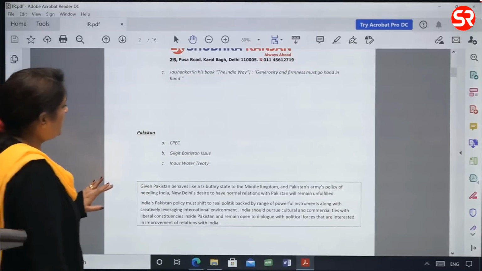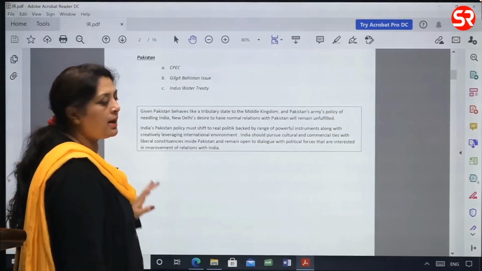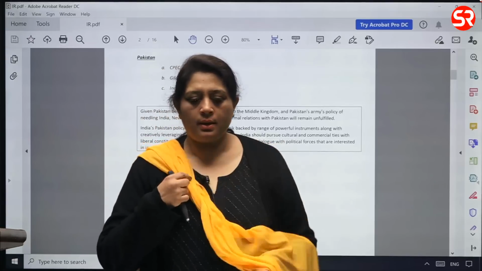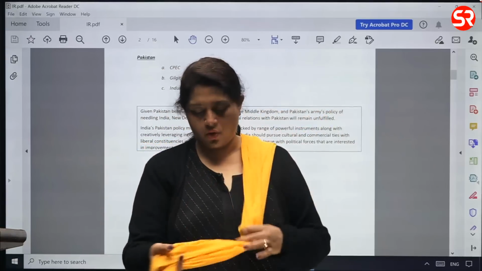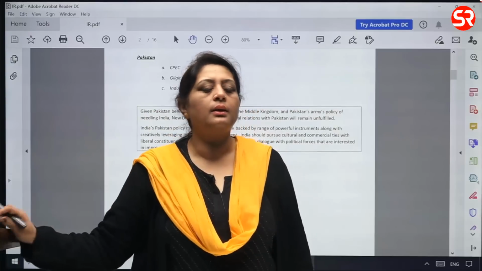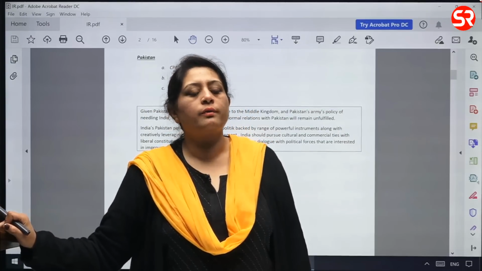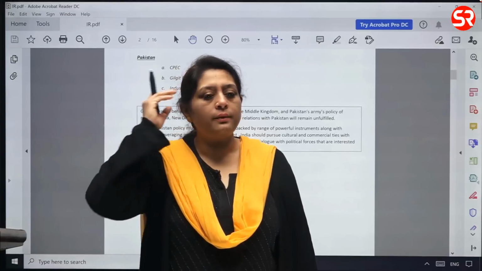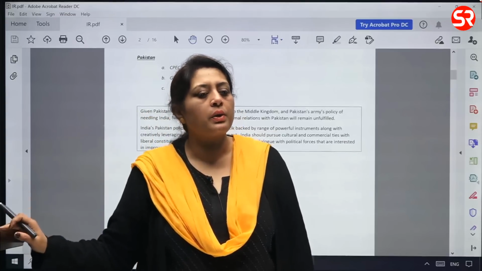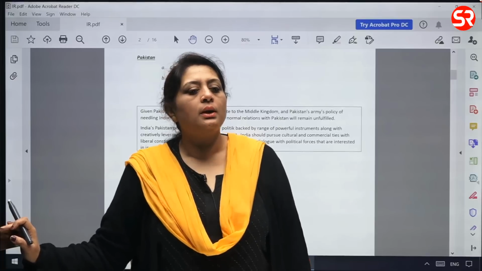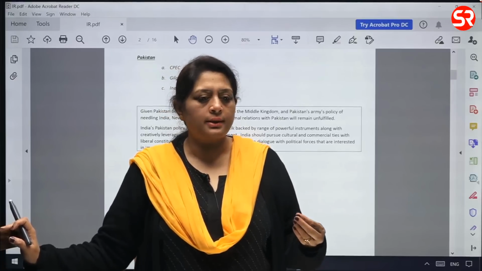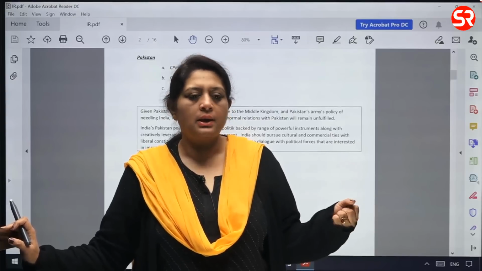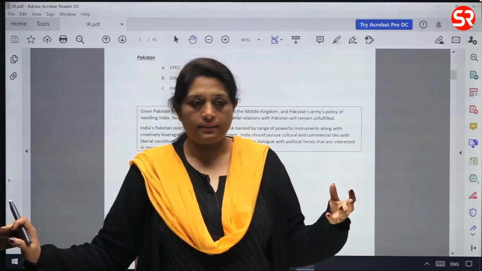Now, if we see Pakistan, there have been questions on India-Pakistan, and the focus of questions is on terrorism. Why is the focus of questions on terrorism? Because the major concern which India has from Pakistan is terrorism.